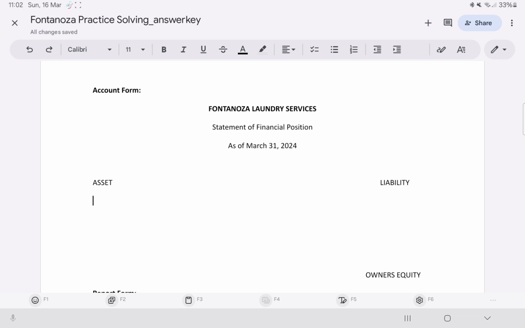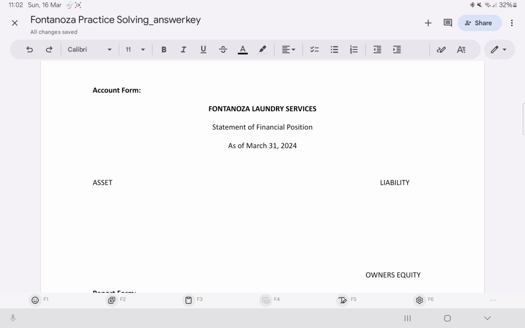And now, our task is to solve the statement of financial position of Fontanoza Laundry Services. I will be presenting to you the two formats of the balance sheet or the statement of financial position. We have the account form and the report form.